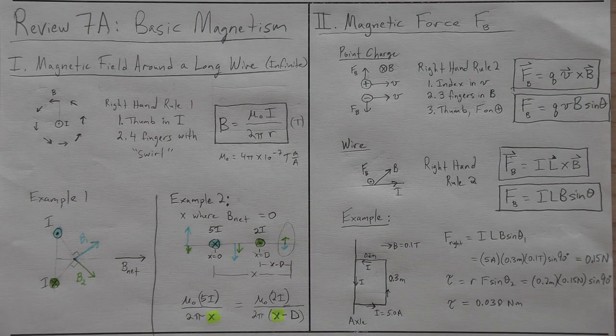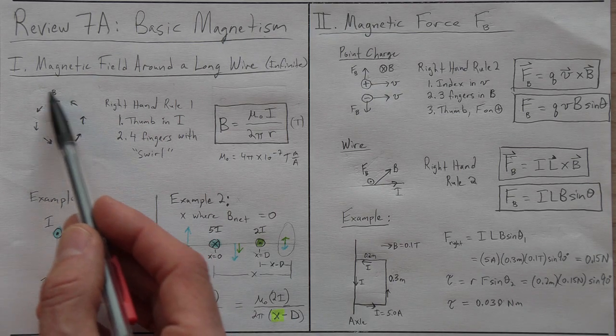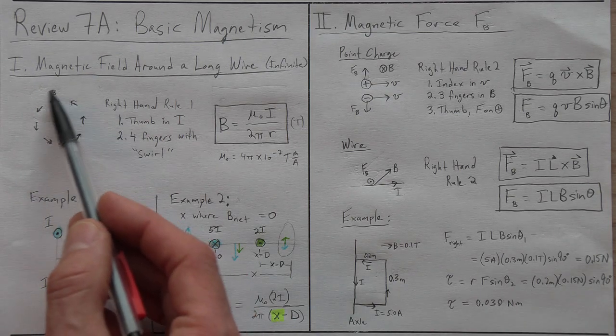Okay, moving on. Magnetic force. All right, so wires make magnetic field. By the way, so do permanent magnets, but permanent magnets really aren't in the AP electricity magnetism curriculum. But permanent magnets also, they are iron atoms or other materials in which the orbits of the electrons in the atoms create the current.